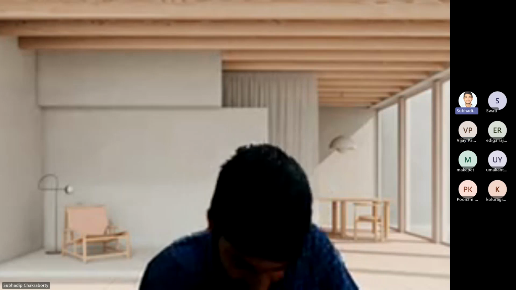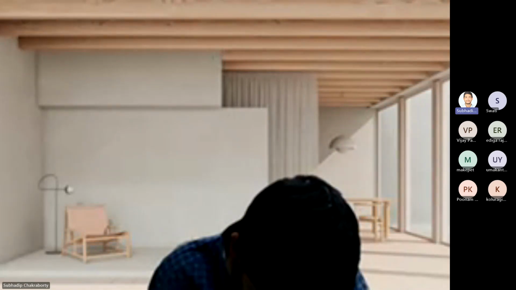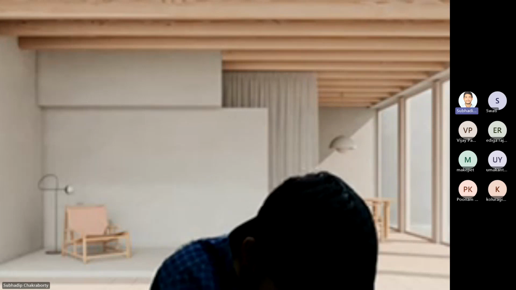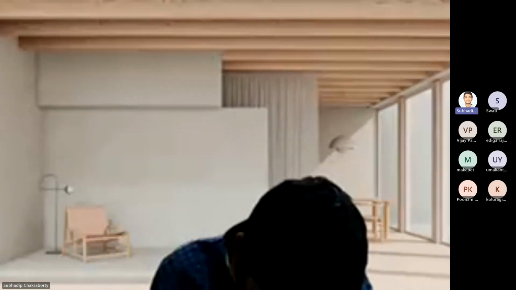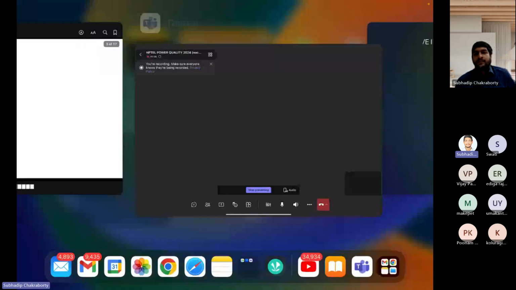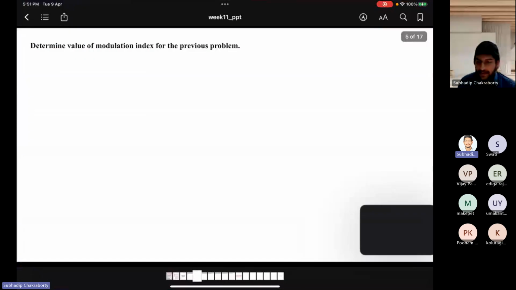Screen is not visible, right? Yes, now it is clear.